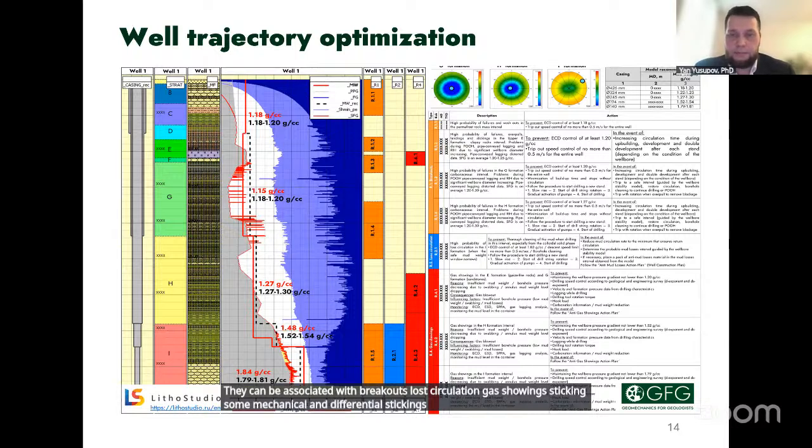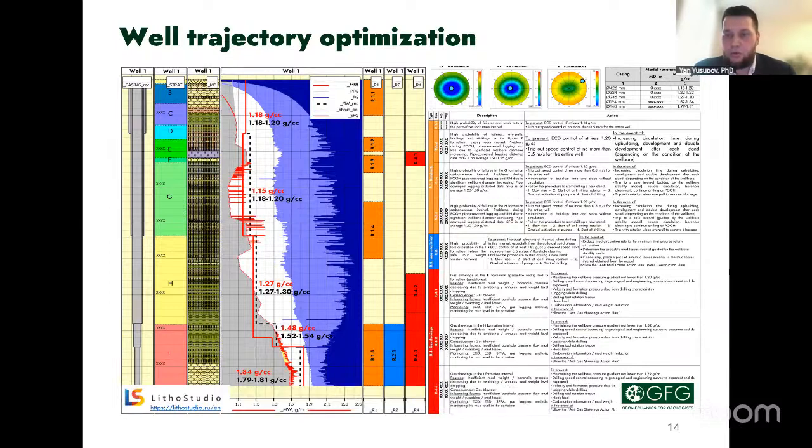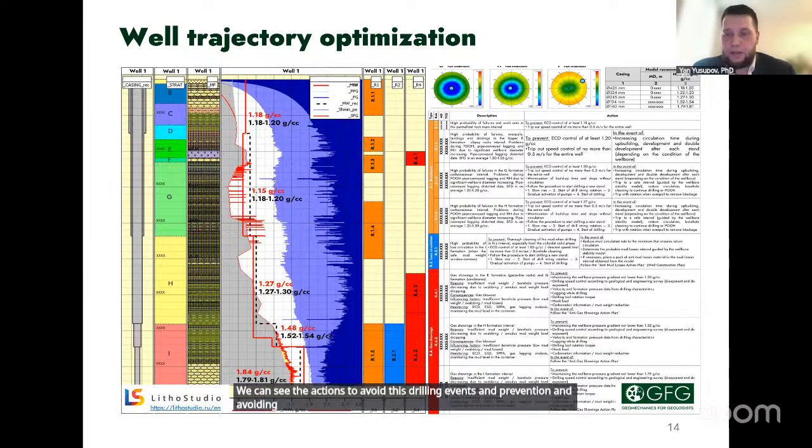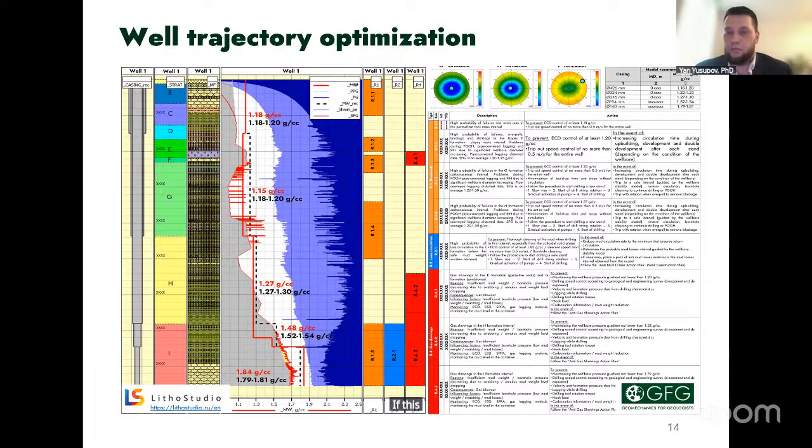For each type of drilling event, we can see the actions to avoid these drilling events, prevention and avoidance, and a description of actions that we need to take if this case has happened.